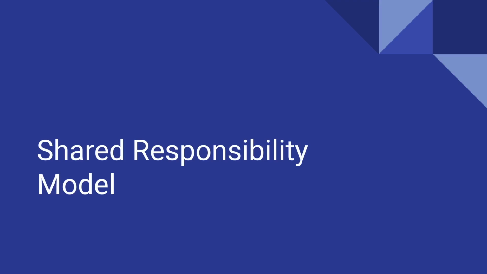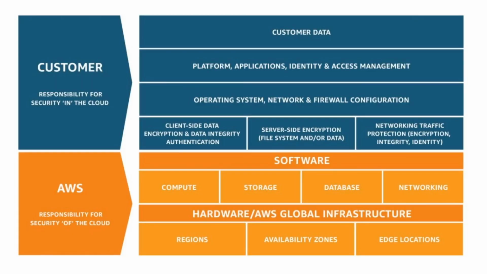The shared responsibility model talks about the responsibilities which the customer has to protect the cloud infrastructure, and in turn also outlines the responsibilities which AWS has to secure the cloud infrastructure. Over here, we have AWS being responsible for security of the cloud and the customer being responsible for security in the cloud.